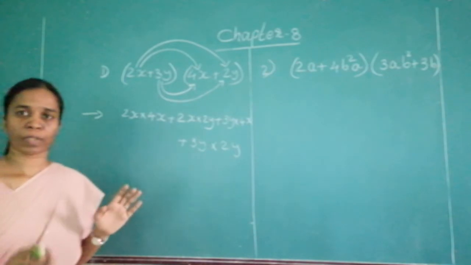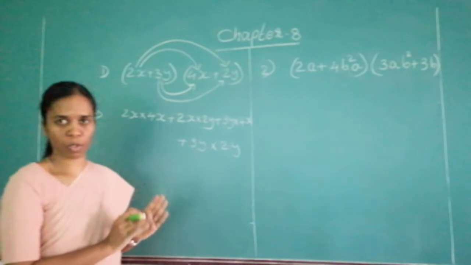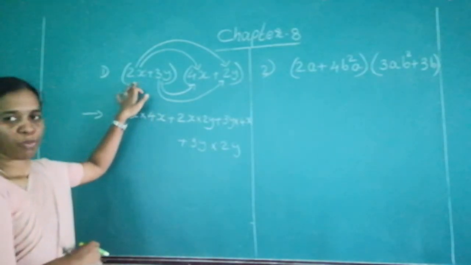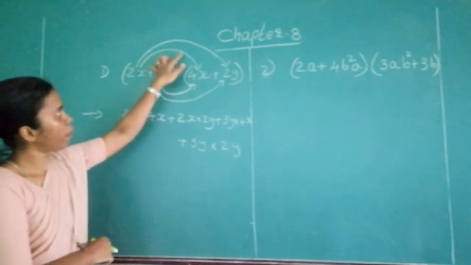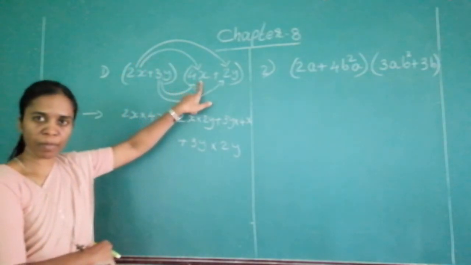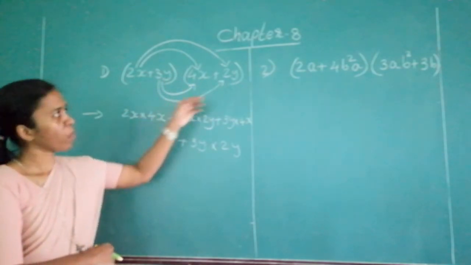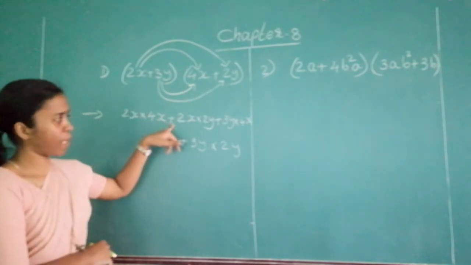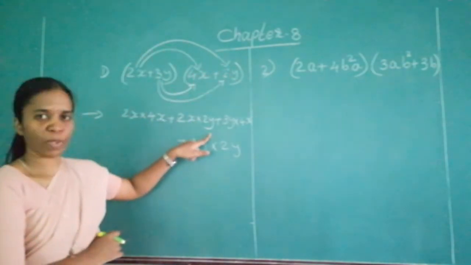I repeat, whatever is outside the bracket, you have to multiply with both the terms. Okay. First, you consider the first term of the first binomial, 2x. With this, first multiply the first term, that is 2x multiplied by 4x. What is the sign? Plus 2x multiplied by 2y.